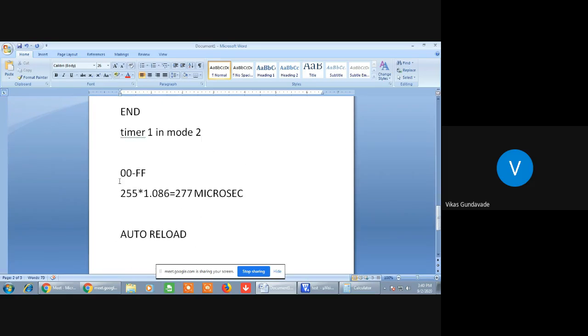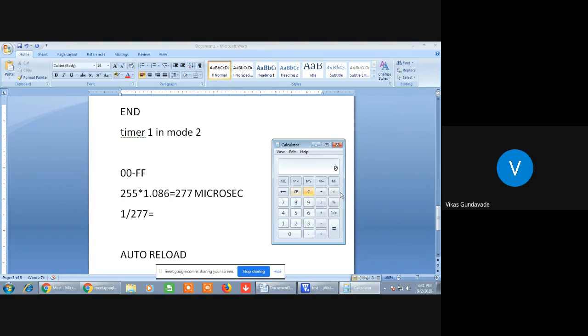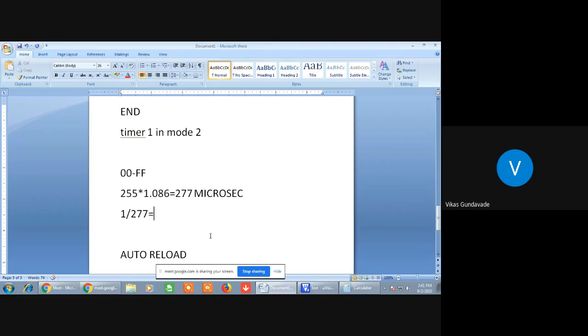Similarly, the maximum frequency for that square wave we can calculate by 1 divided by 277. 1 divided by 277 is 0.00361, so we take 0.0036.